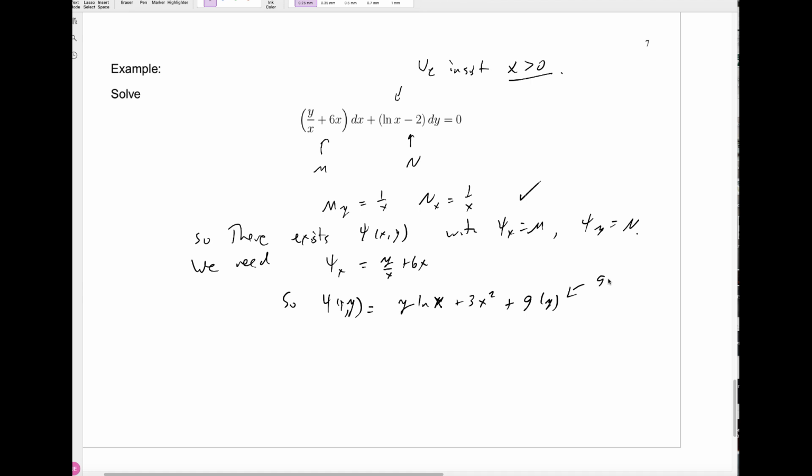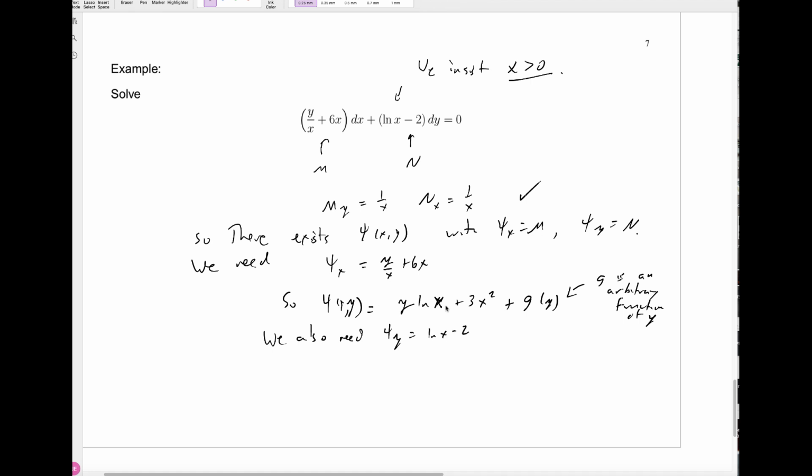So here g is an arbitrary function of y. I say arbitrary. It's arbitrary in order to have this equation true. But then when we write our second equation, that will tell us something about what g must be. So we also need C sub y to be log x minus 2.